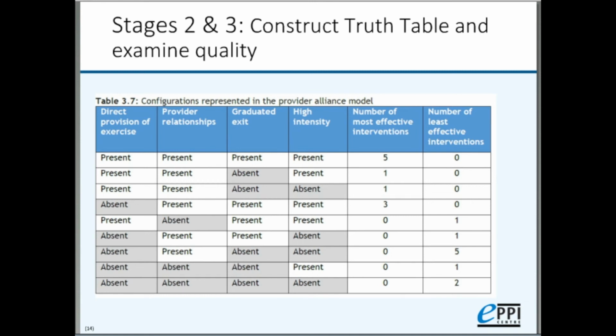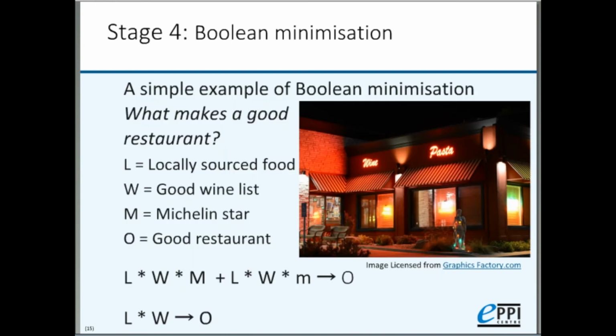And you can see in between that there are other configurations with either most effective or least effective interventions populating them. But at the third stage of checking the quality of this table, we can see that there are no contradictions. There are no configurations which have both most effective and least effective interventions there. And we judged that we had a reasonable spread in that we had quite a number of possible configurations represented.